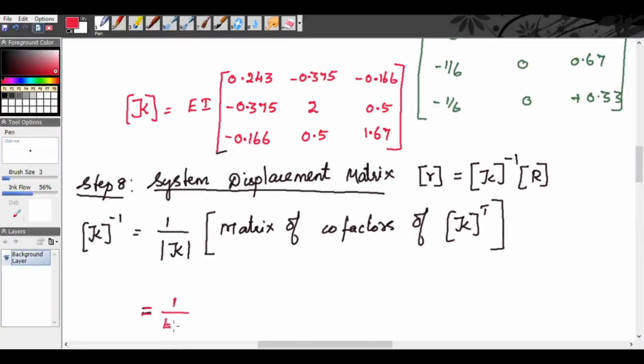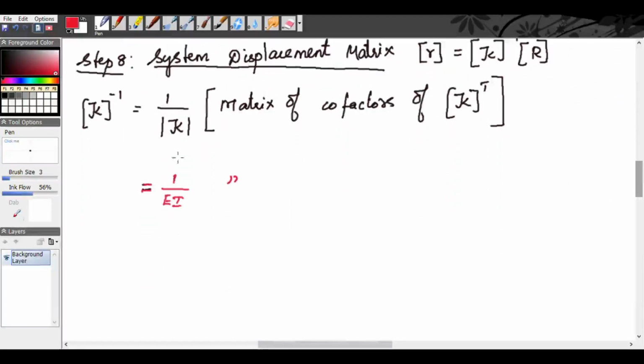1 by EI. So when taking the inverse, this constant, you have to divide it, right? So 1 by EI into this. That is 1 by determinant of K into matrix of cofactors of K transpose. Now, how will you determine the determinant of K matrix?